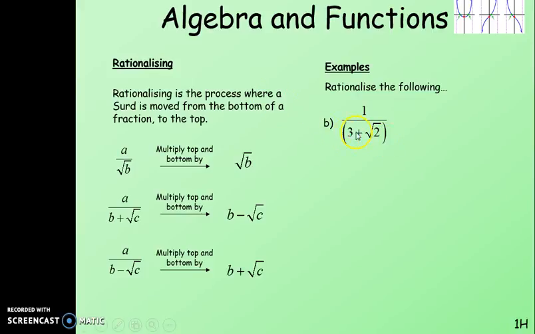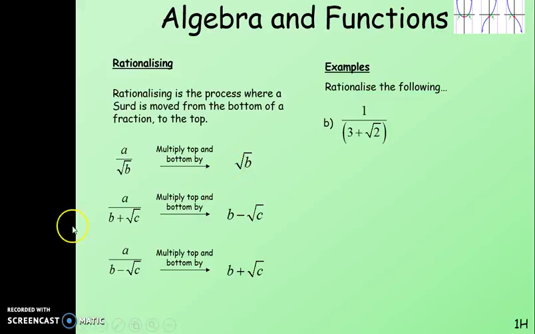Well, if you think about multiplying this entire bracket, let's imagine having a root 2 outside. Root 2 times 3 would be 3 root 2, and root 2 times root 2 would give us root 4, which we could simplify to 2. But we'd still have the 3 root 2. So we can't just do what we did before and multiply it by the surd. We've got to come up with a slightly more clever idea.